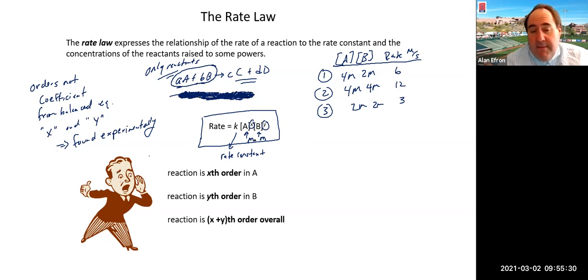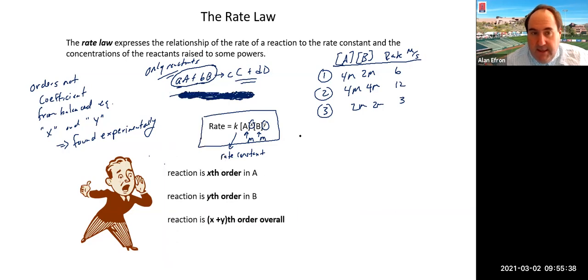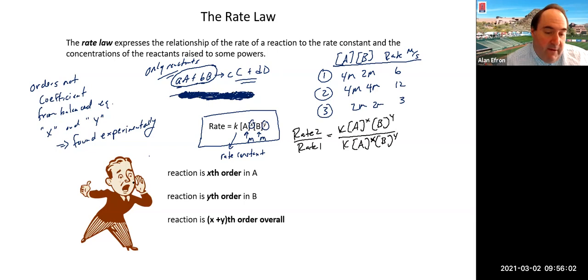The mathematical approach is to use this equation here, where we take rate 2 divided by rate 1 is equal to K times A to the X, B to the Y, divided by K, A to the X, and B to the Y. We could use this formula to figure out the orders along with a table such as this.